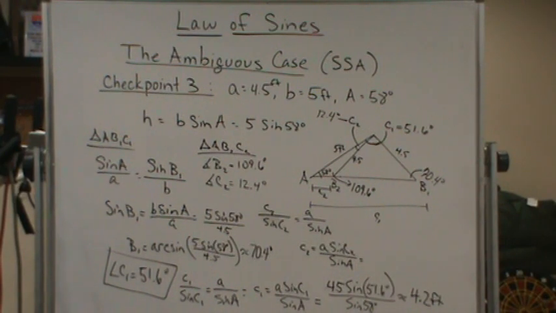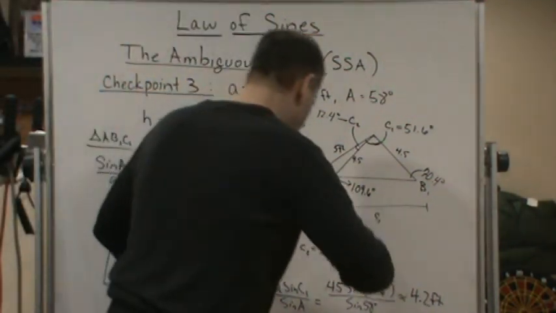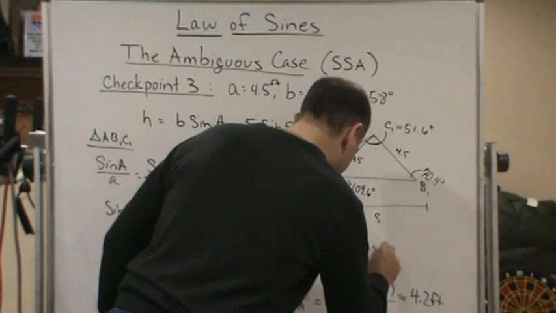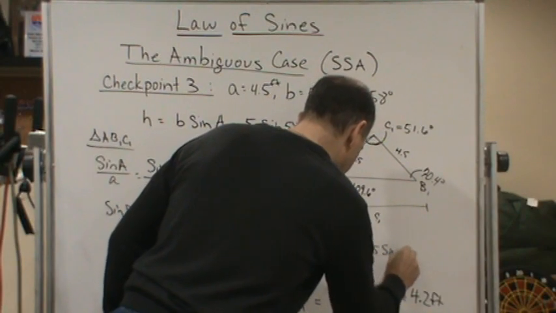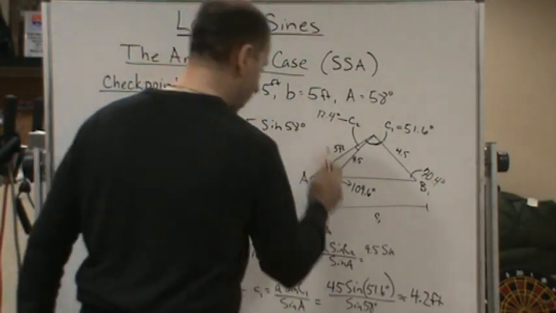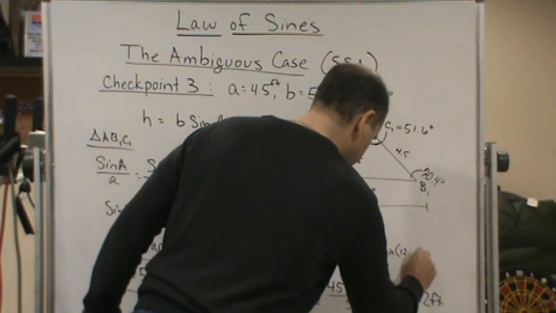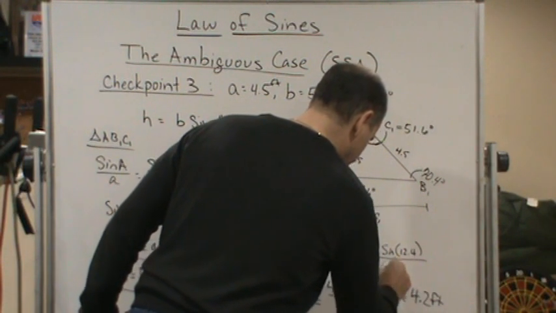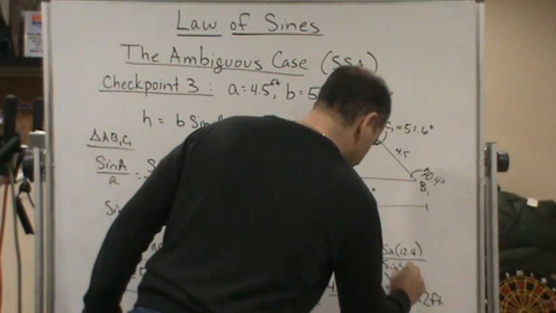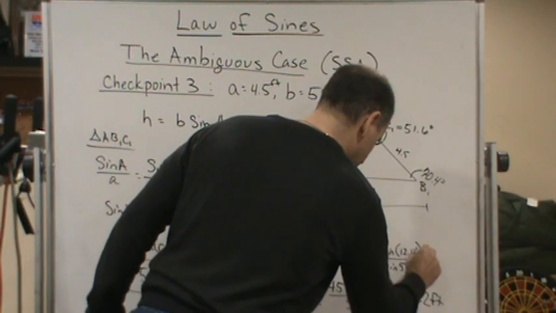Okay, so A is 4.5, right? So it's going to be 4.5 times sine of 12.4, divided by sine of 58 degrees.